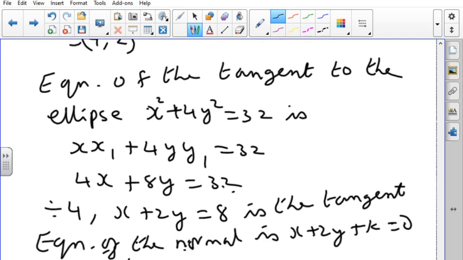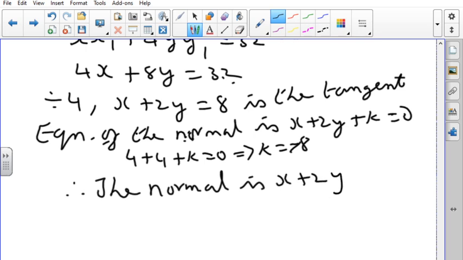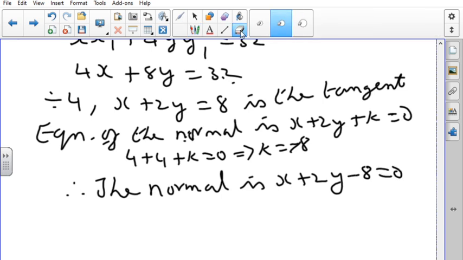So 4 plus 4 plus k is equal to 0. So it gives you k is equal to minus 8. So therefore the normal is x plus 2y minus 8 is equal to 0.